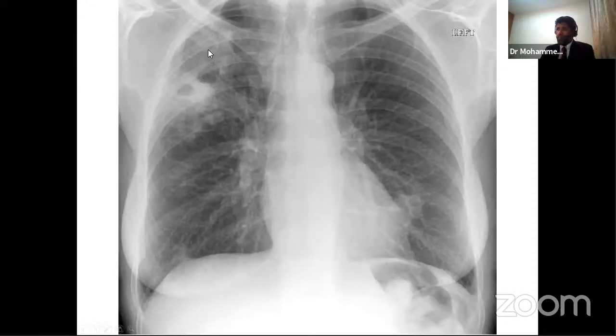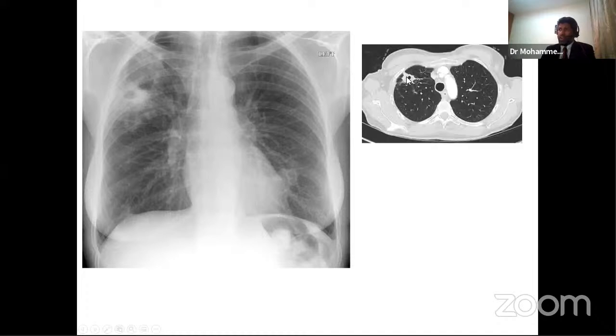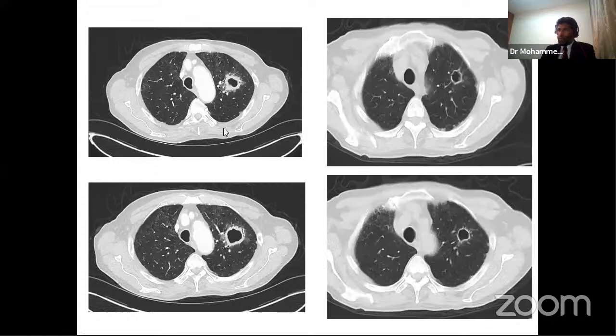This is another example of a subtle area of abnormality here in the right upper zone with some air spaces there. And this, in fact, turned out to be a thick-walled cavity in the right upper lobe, and that turned out to be a malignant lesion. I put basically 4 slides here.